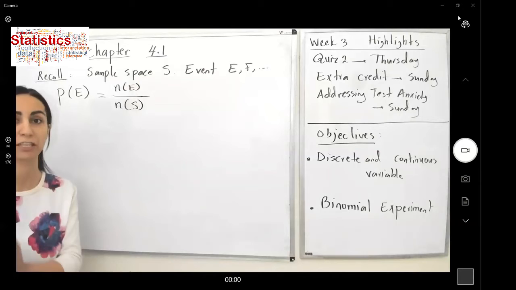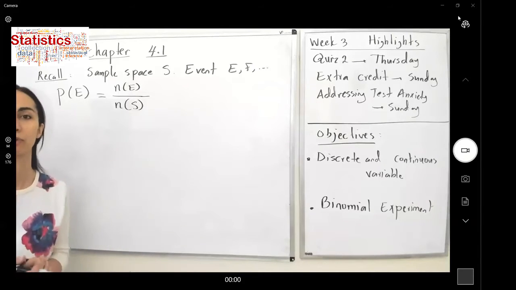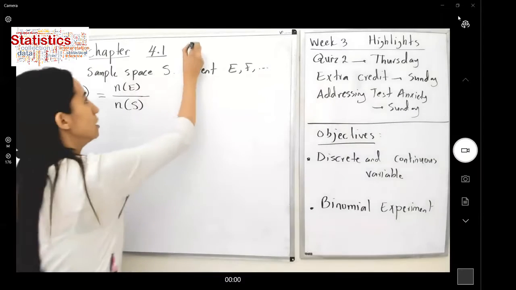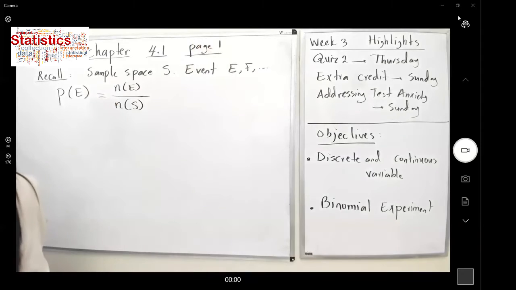Very well. Today, we're going to actually define random variables, and instead of using events, we're going to use our random variables. So, what is a random variable? We are on page 1 of 4.1.